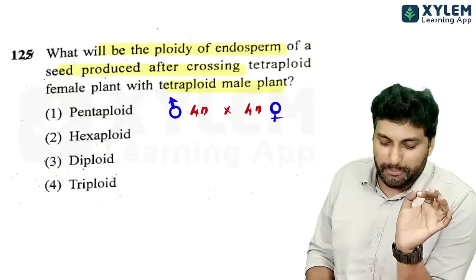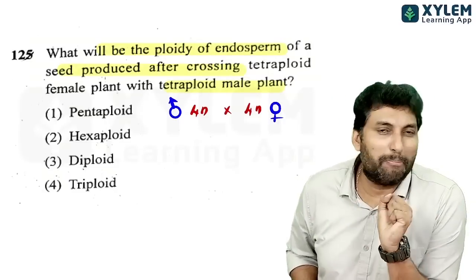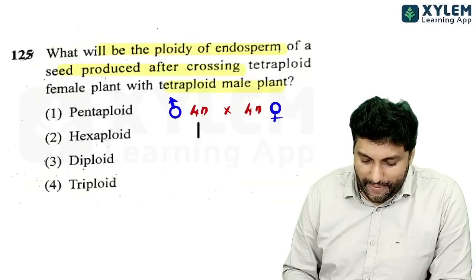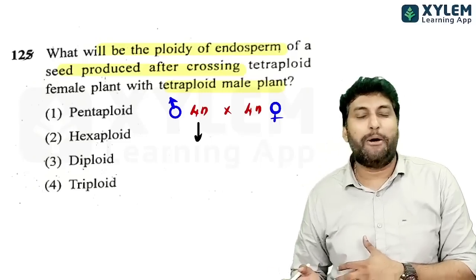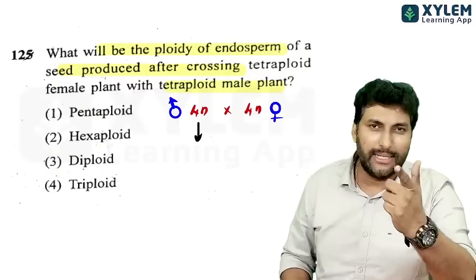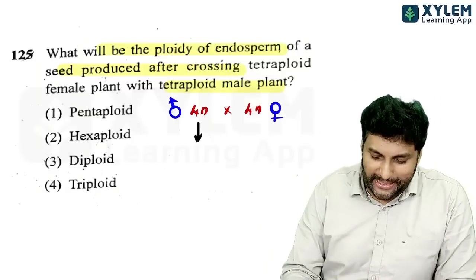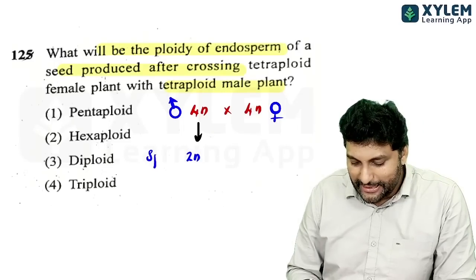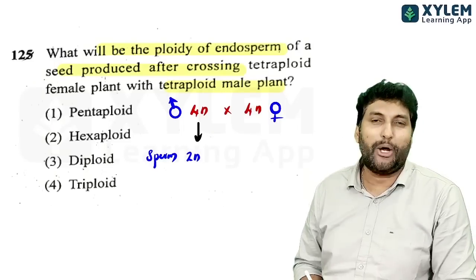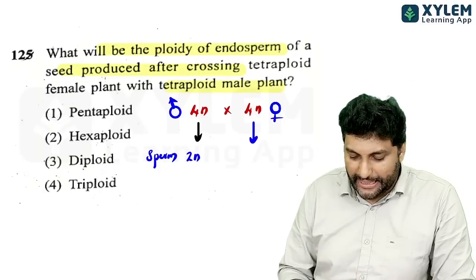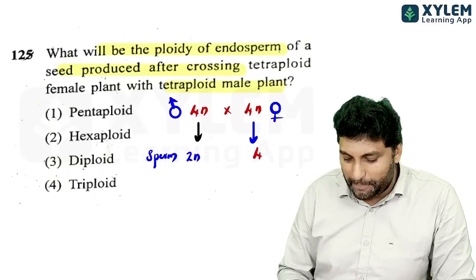Normally, endosperm ploidy is triploid. In this case, the endosperm is formed by the fusion of a male gamete with the polar nuclei, isn't it? So in this case, the sperm is diploid, while the polar nucleus is tetraploid.